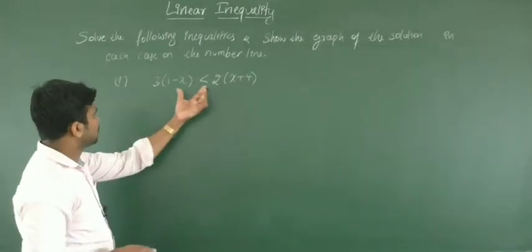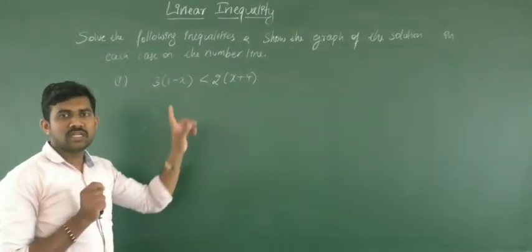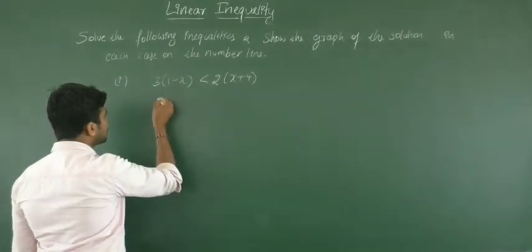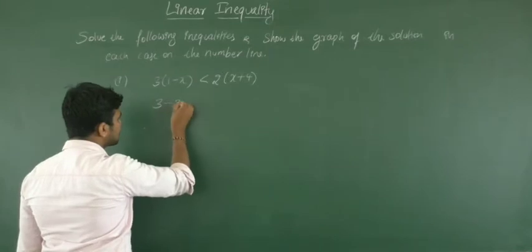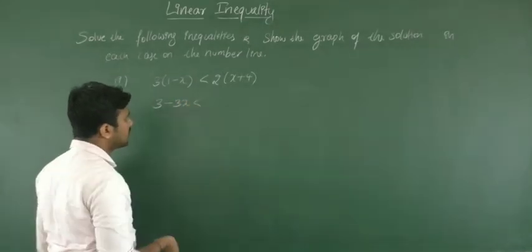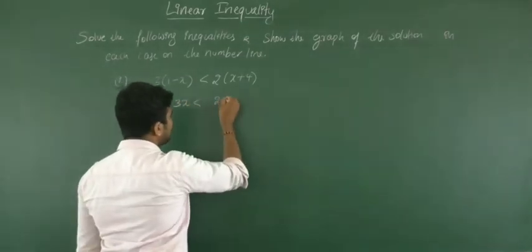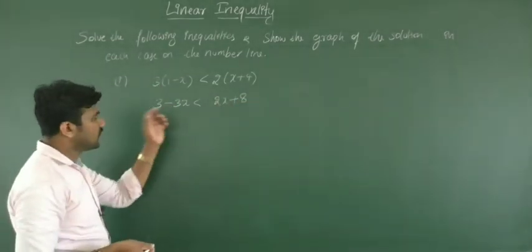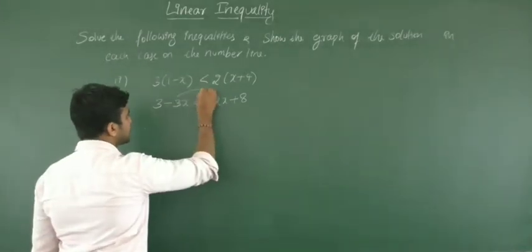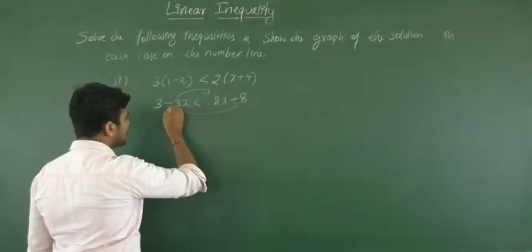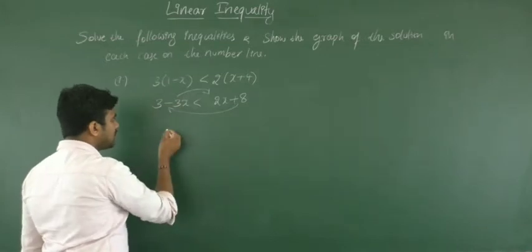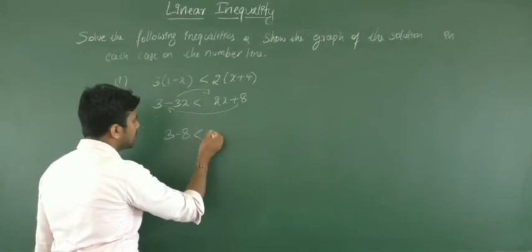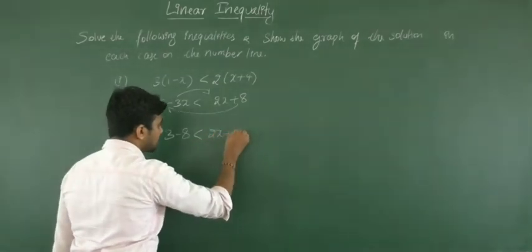First of all we need to find the solution of the given inequality. So how to find the solution? First multiply: 3 into 1 is 3, 3 into minus x is minus 3x, less than 2 into x is 2x, 2 into 4 is 8. Now rearranging, bring minus 3x to that side and 8 to this side. So we get 3 minus 8 less than 2x plus 3x.